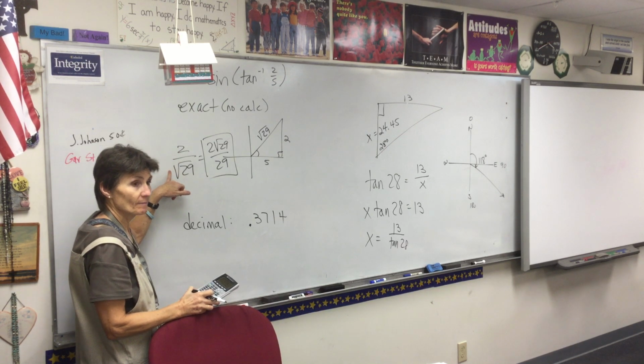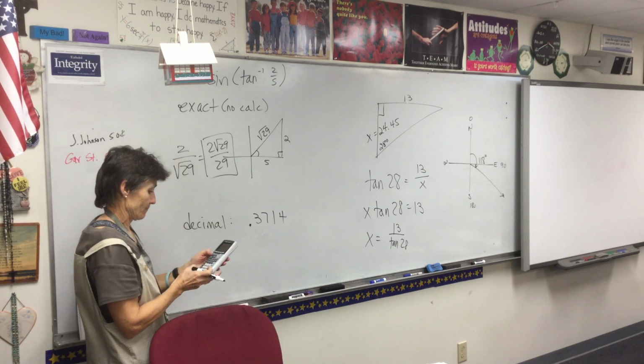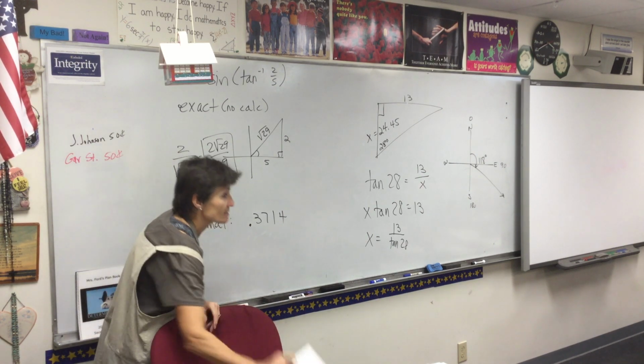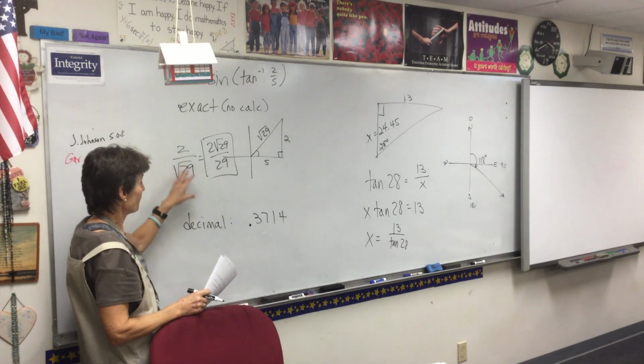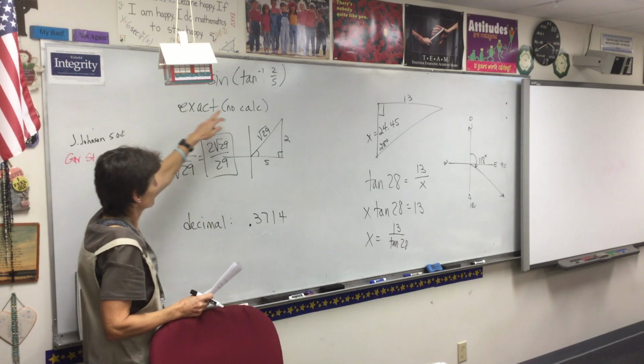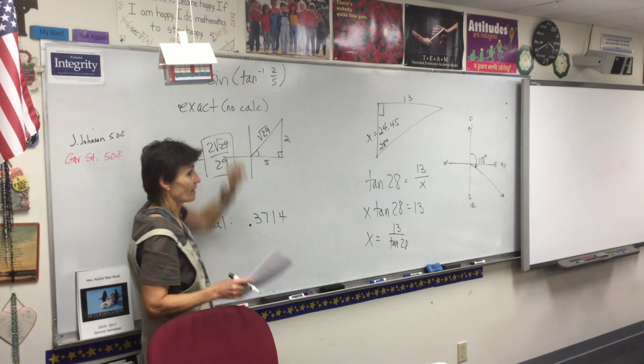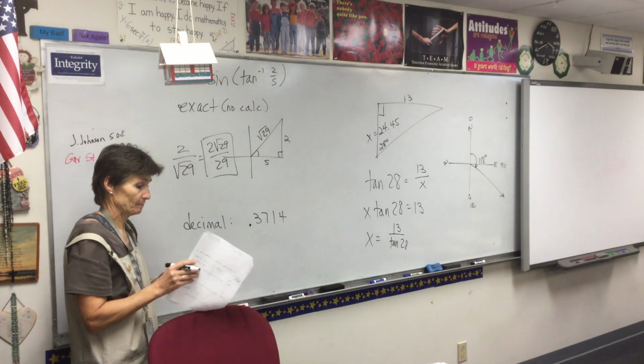What happens? You get that decimal, right? Sure you did. So on your test, you will have to do this problem just by typing it in, which is so simple, and then by drawing a picture, and then finding whatever you do.